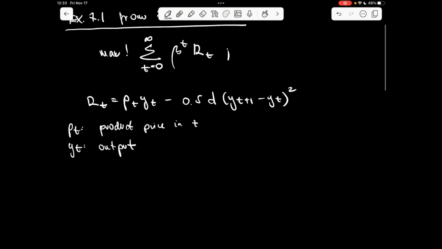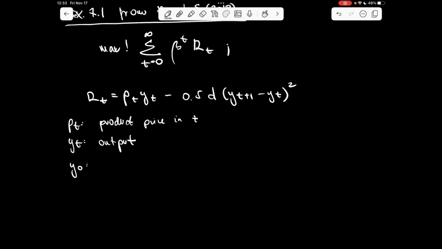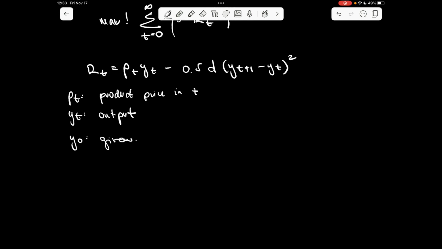The starting value for the path of the output is given. The firm forms expectations. The firm thinks that price is determined by this demand function, so price is a function of output.